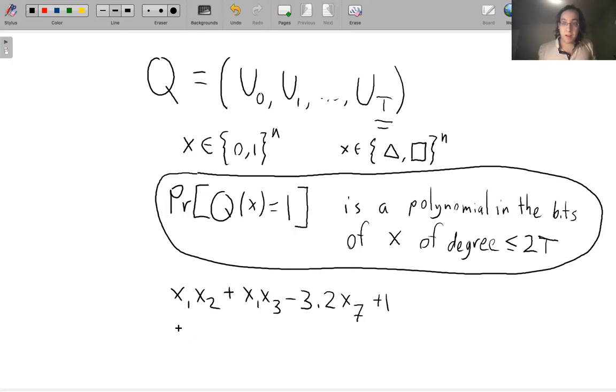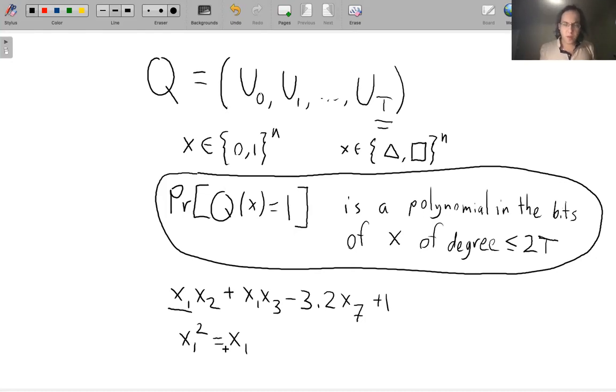And maybe yet another point of weirdness with this definition is that when all these variables like x1 here are either 0 or 1, then of course x1 squared equals x1. So we say polynomial, but you would never want powers higher than 1.